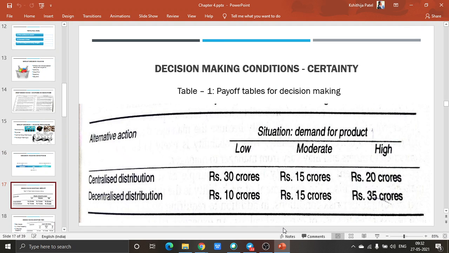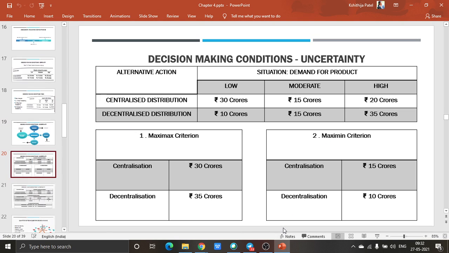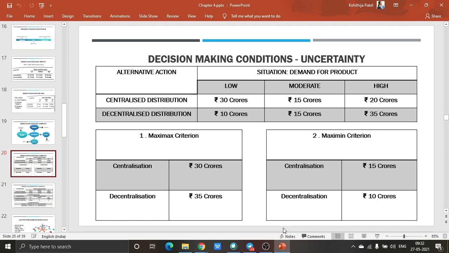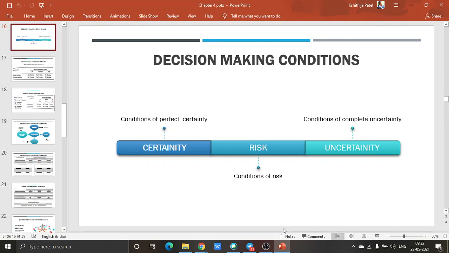Now we had seen an example for each of it, and we had spoken regarding the entire decision making condition in detail.